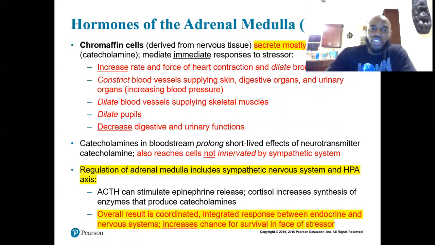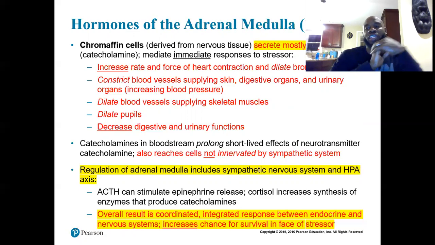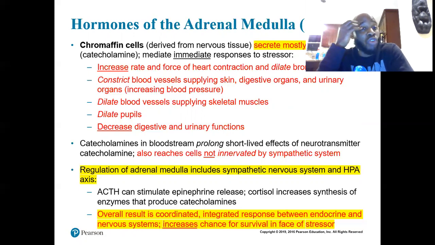Now, hormones of the adrenal medulla. Remember, the adrenal cortex is towards the superior, the outside, or the superficial, whereas the adrenal medulla is the deeper portion of the adrenal gland. From the adrenal medulla, what's created, which is most important, is epinephrine, otherwise known as a catecholamine.